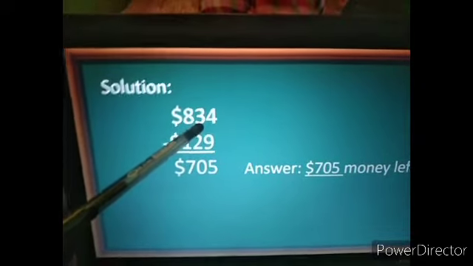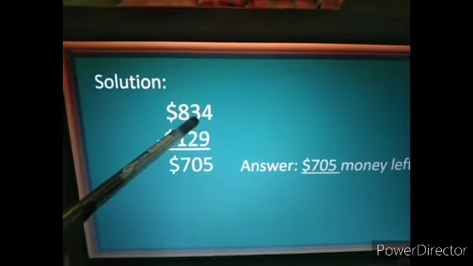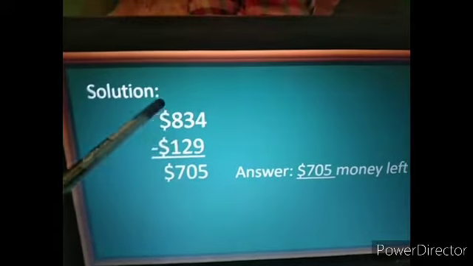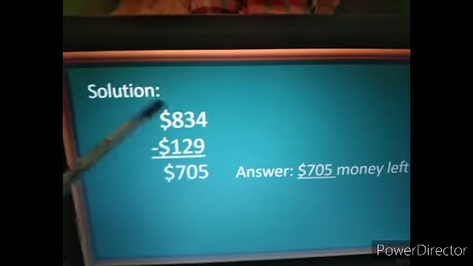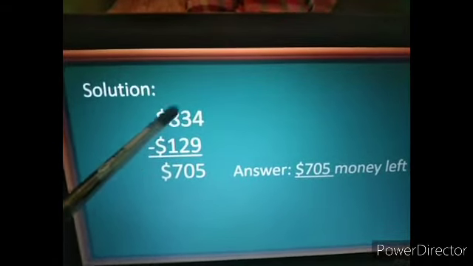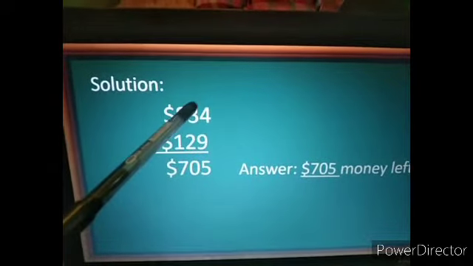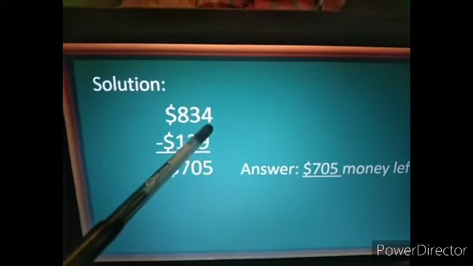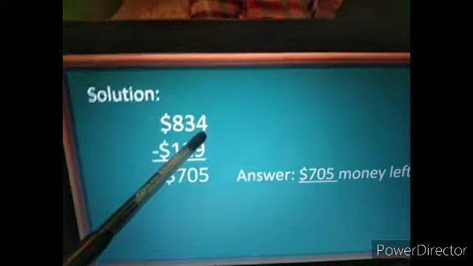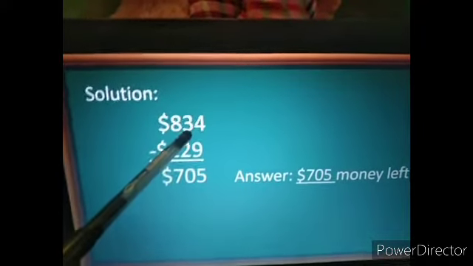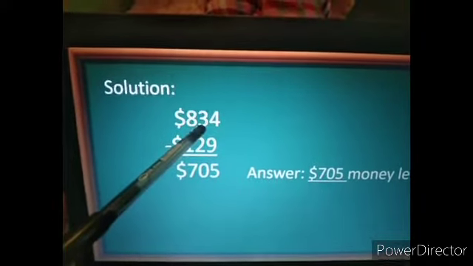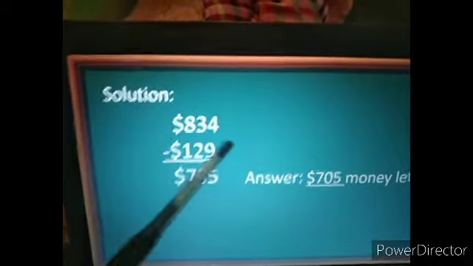As you can see, the 8 is hundreds, the 3 is tens, and the 4 is ones. So I'm going to give the tens to the ones place.